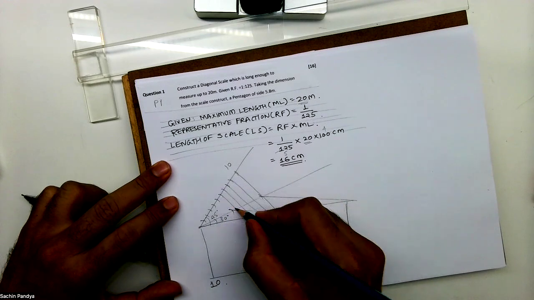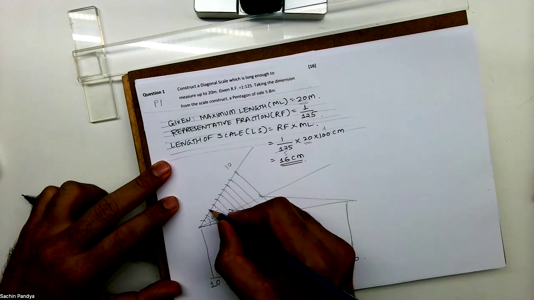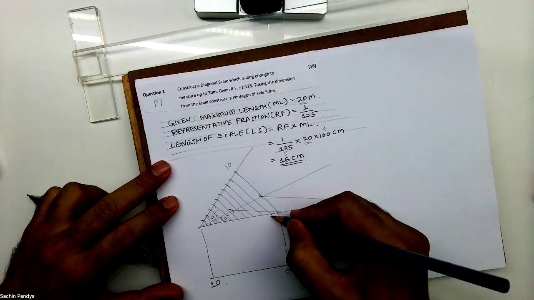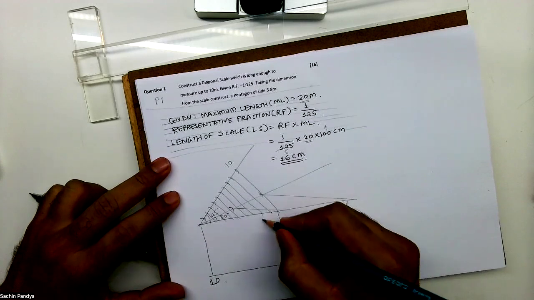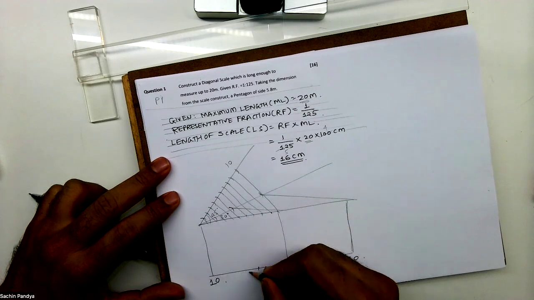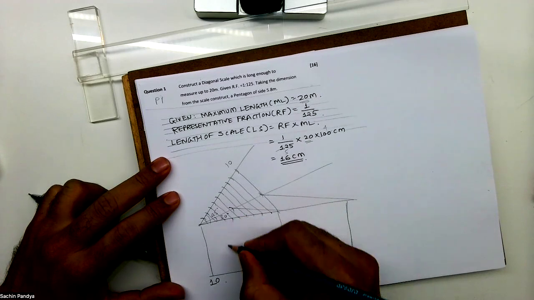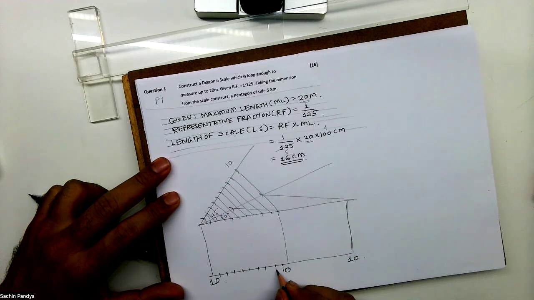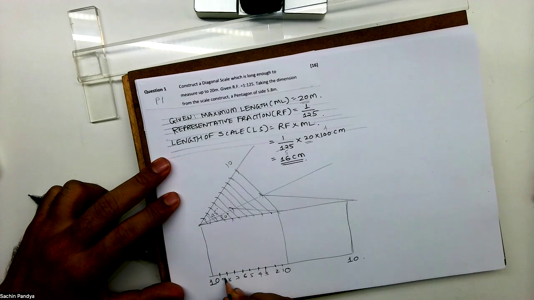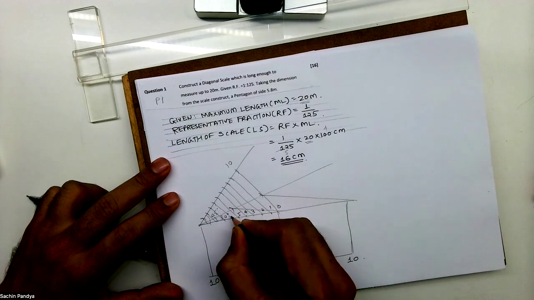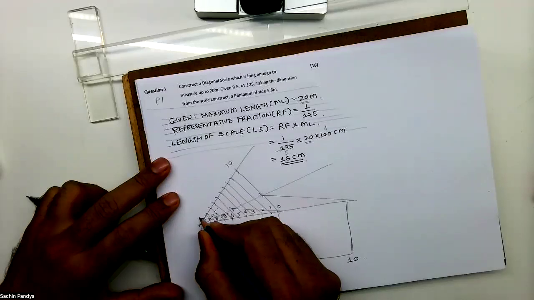And you will draw a parallel line. You can mark these points down. You don't have to draw a straight line. Remember that. You have to just mark these points down. See, this is 1, 2, 3, 4, 5, 6, 7, 8, 9, 10. 0, 1, 2, 3, 4, 5, 6, 7, 8, 9, 10.